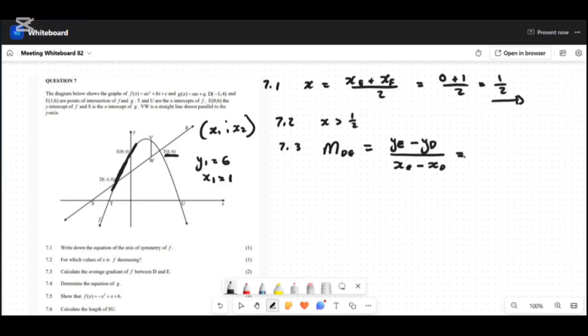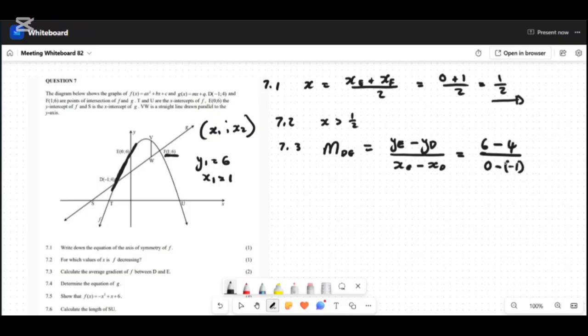Then for point E, I have 6 minus, what about point D? 4, right? Then the x value at point E is 0, and the x value at point D is -1. So minus -1 there.